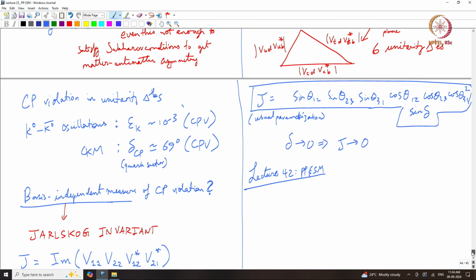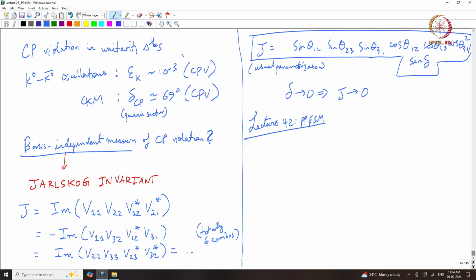And from there we moved on to yet another use of the unitarity triangles, namely this allows us to write down a basis independent measure of CP violation. What is basis independent?